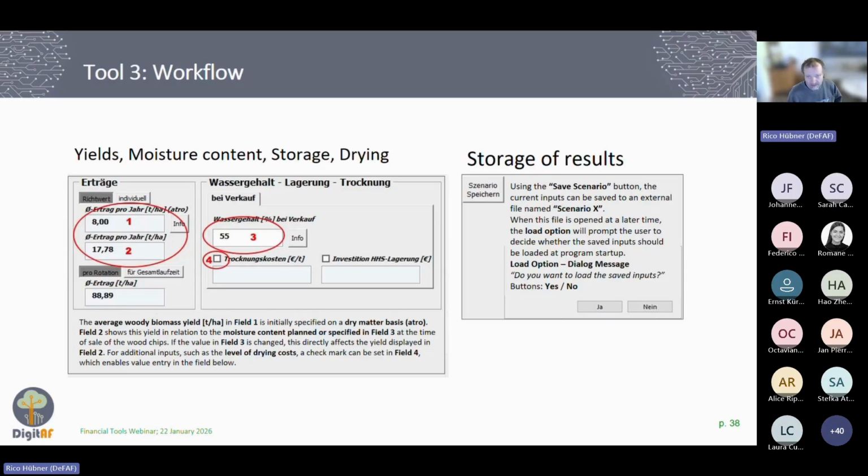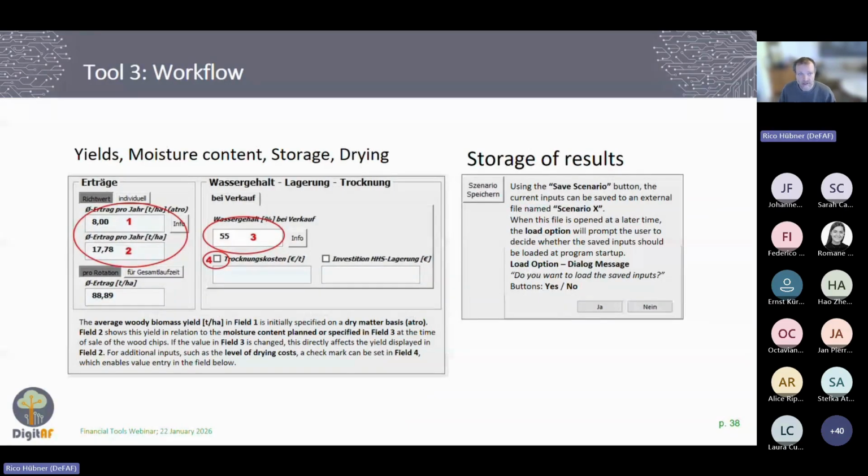What's also important is that you need to determine what water content your wood chips would have when selling them. As you've seen in the previous graph, the price is very much dependent on the water content. And this is also important here, marked with number 4, where you can factor in the price if you need to dry the chips, or if you're losing some of the material in handling, storage and shipping.